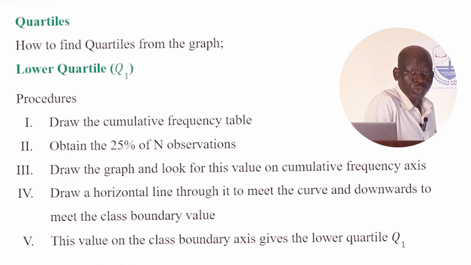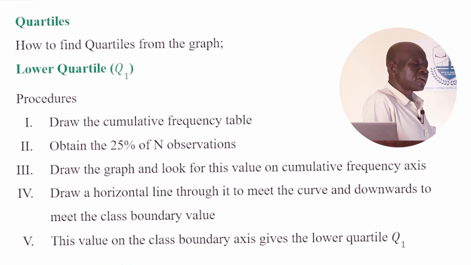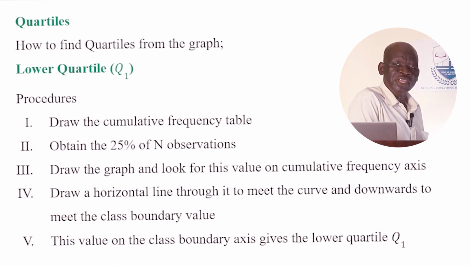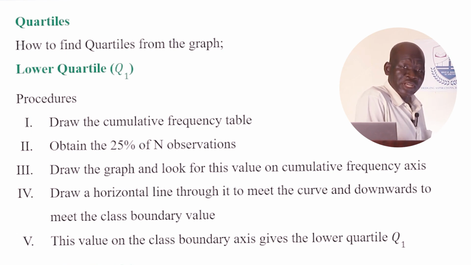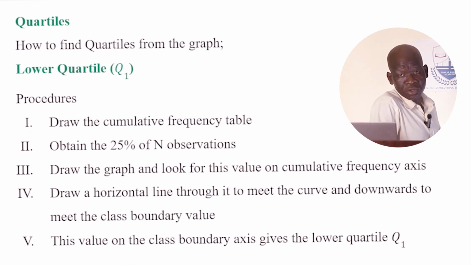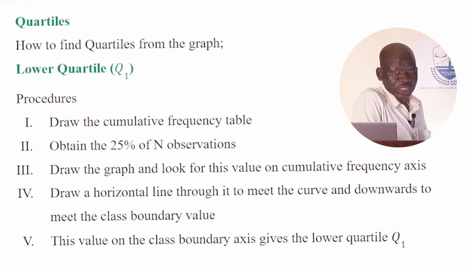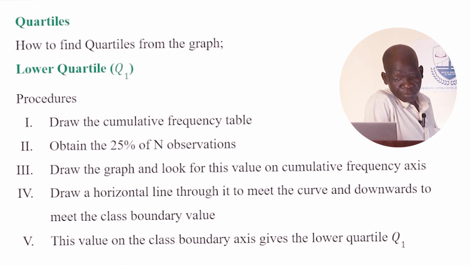The value on the class boundaries that you fall on is equal to the lower quartile value. So that is how you estimate the lower quartile value by using the graphical method.